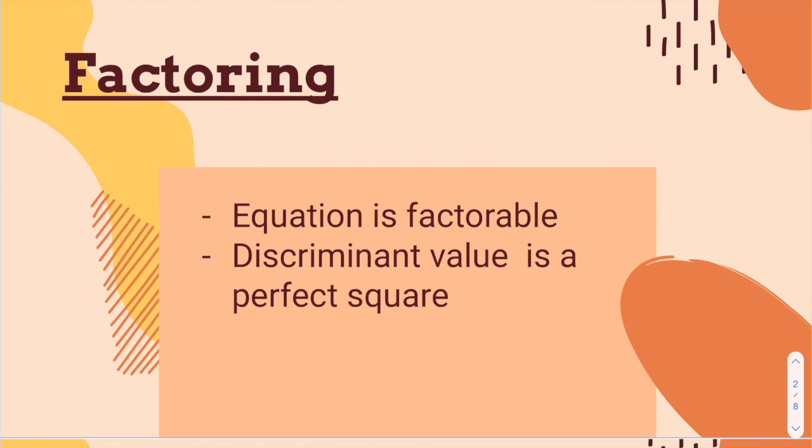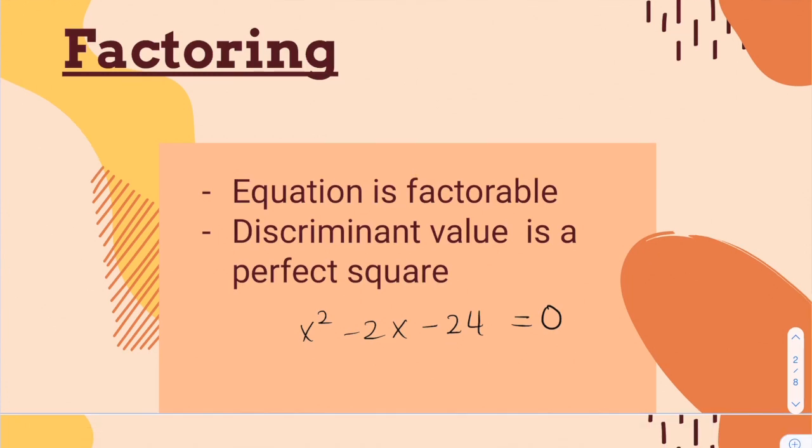For example, given the equation x squared minus 2x minus 24 equals 0, and pretend that you had no idea where to go, you could first solve the discriminant. The discriminant is b squared minus 4ac. The b value is negative 2, a is 1, c is negative 24.